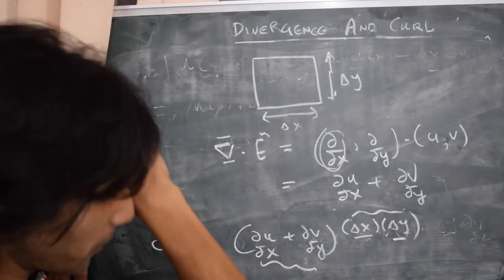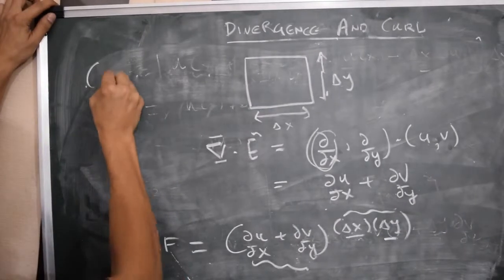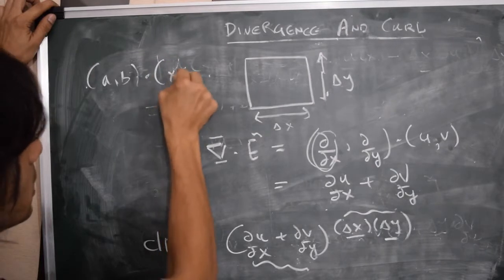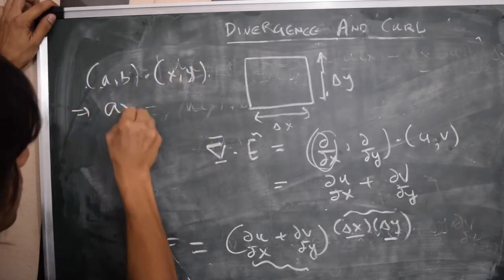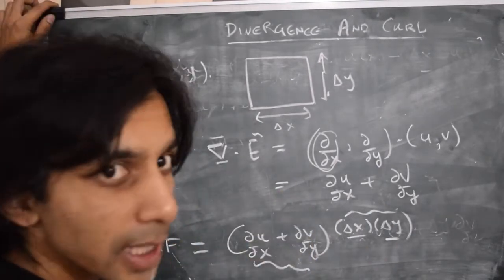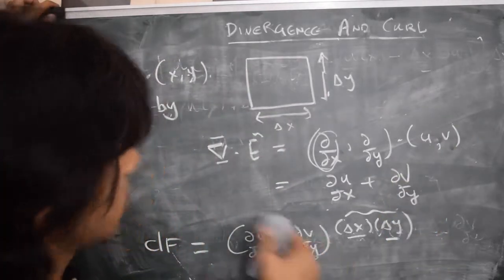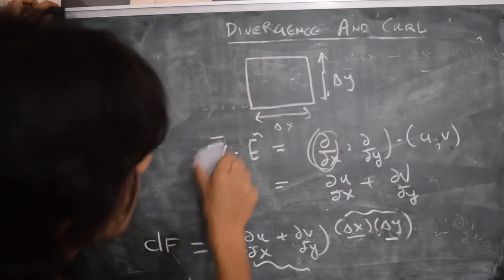So if you have two vectors with components a comma b, and you dot it with another vector with components x comma y, we'll end up getting a x plus b y. It's exactly the same operation that we do here, except that we are differentiating the vector instead of just calculating a normal dot product.